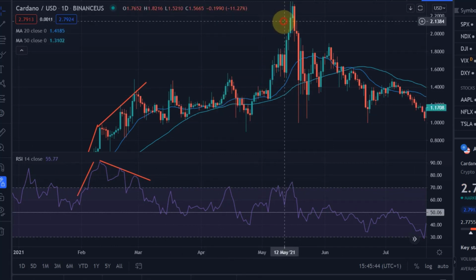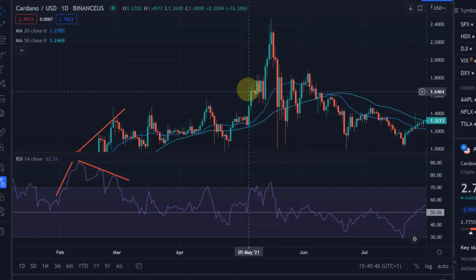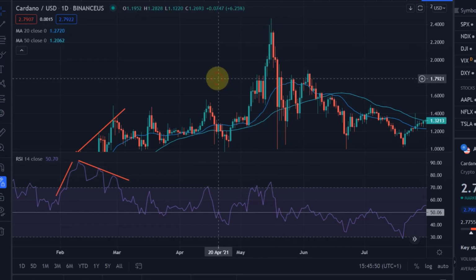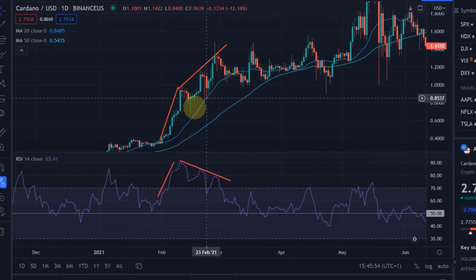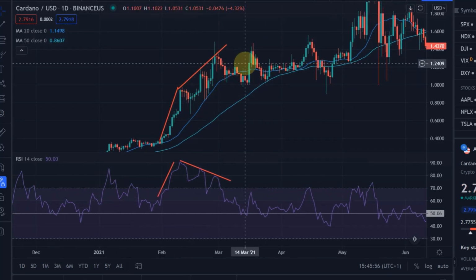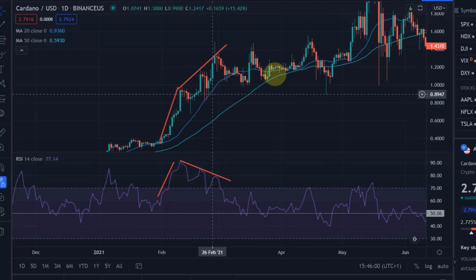And maybe here, even though that was of course still above the moving average, you could have taken a shorter term moving average into consideration. But it just shows you how you can use both together, the RSI and the moving averages. So it gives you both a good indication of in which direction the market is heading.